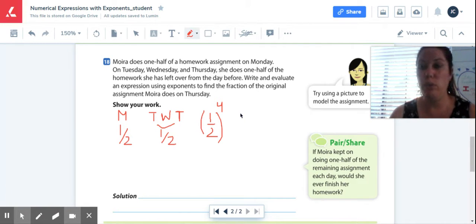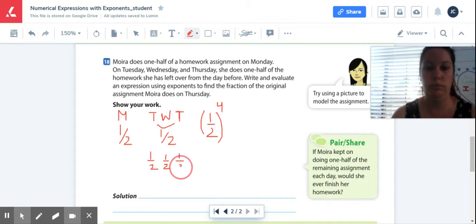So then if we multiply that out, we're going to do that down here. So we're going to do 1/2 times 1/2 times 1/2 times 1/2.